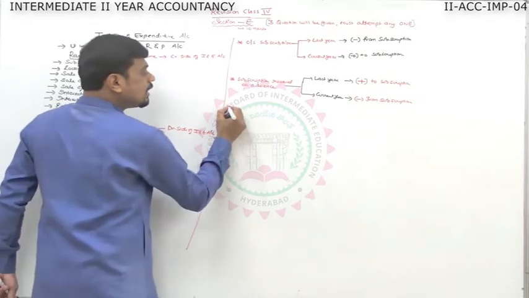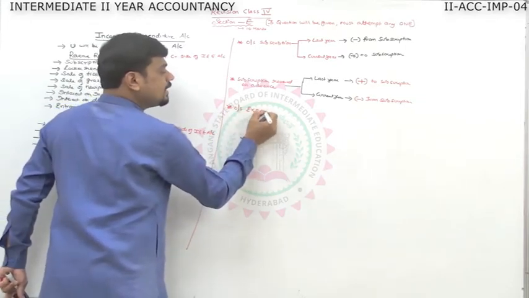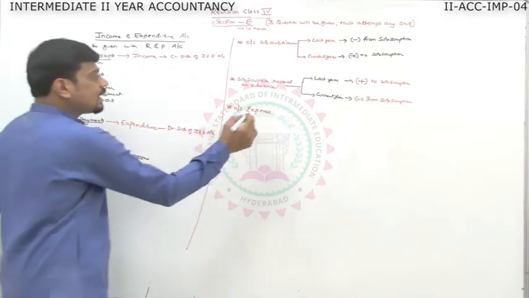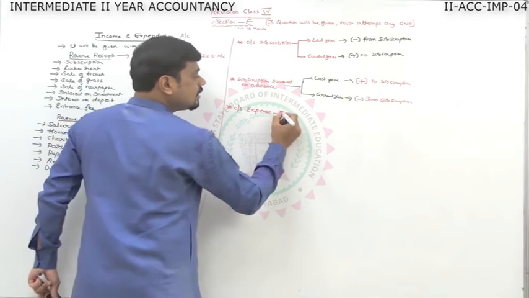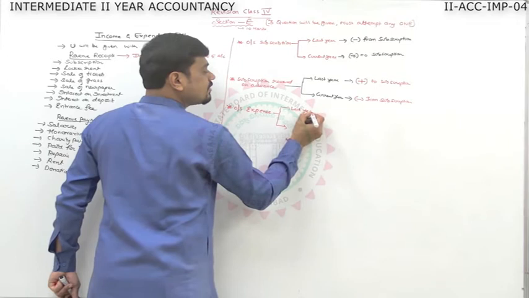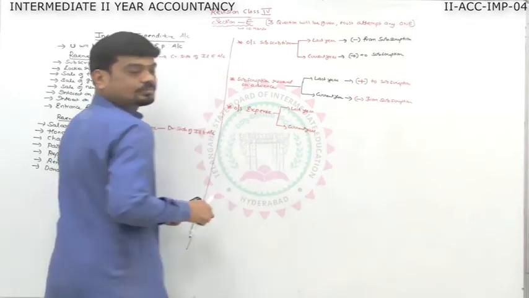Then, the third adjustment we can expect is outstanding expense like rent, salaries and all. Again, he can give this of two years, last year and current year.